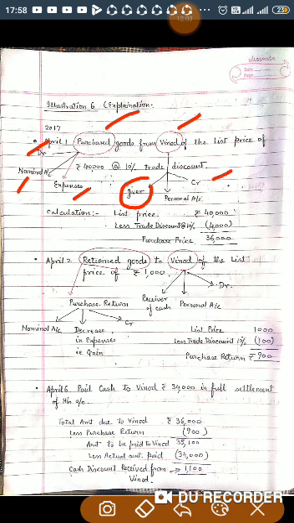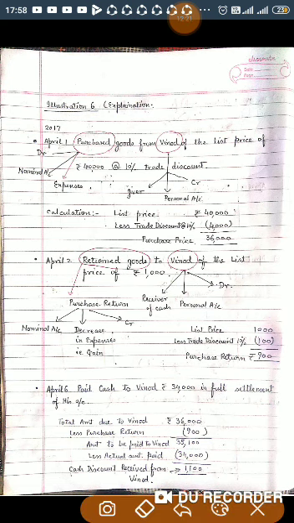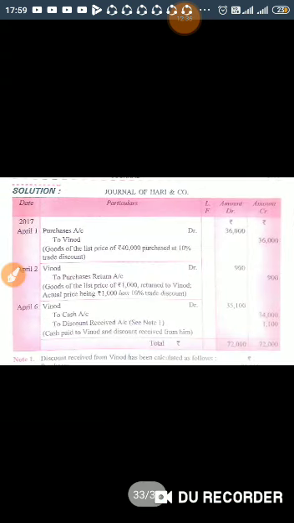Now before we record, because list price is given and at the same time trade discount is also given, first of all we calculate the purchase price. The calculation I have shown here. List price is rupees 40,000. We deduct the trade discount of 10%, that is 4,000, and after deduction of 4,000 the remaining amount is 36,000. This is my purchase price. So in the solution, purchase account debited to Vinod 36,000, and we will write the narration.